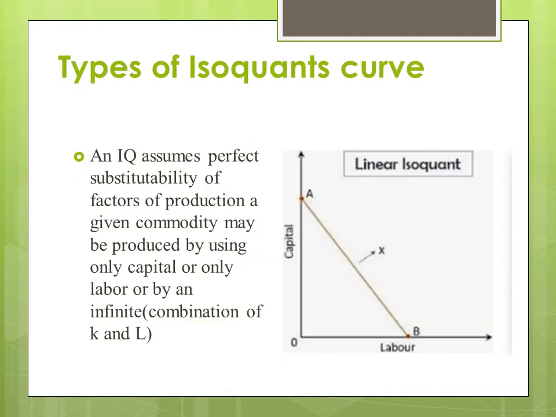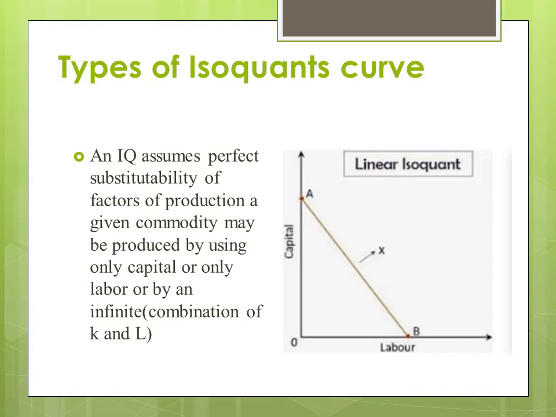Linear isoquant assumes perfect substitutability of factors of production. A given commodity may be produced by using only capital or only labor, or by an infinite combination of capital and labor. So here is perfect substitutability, where the marginal rate of technical substitution is constant.